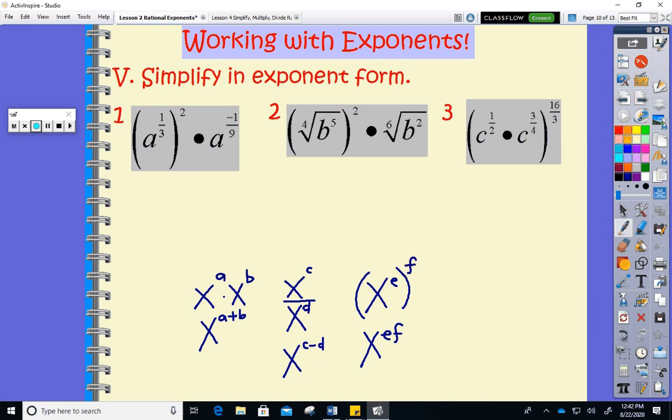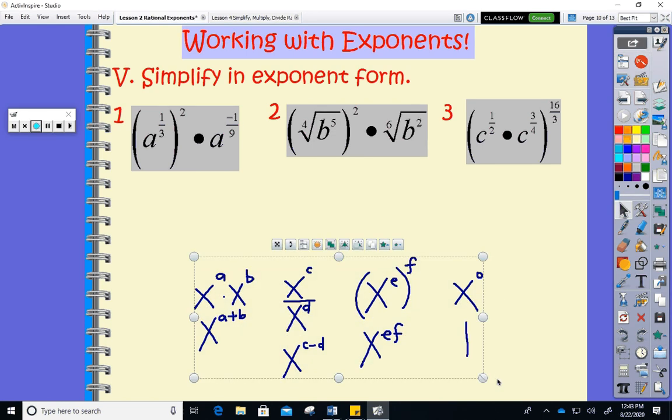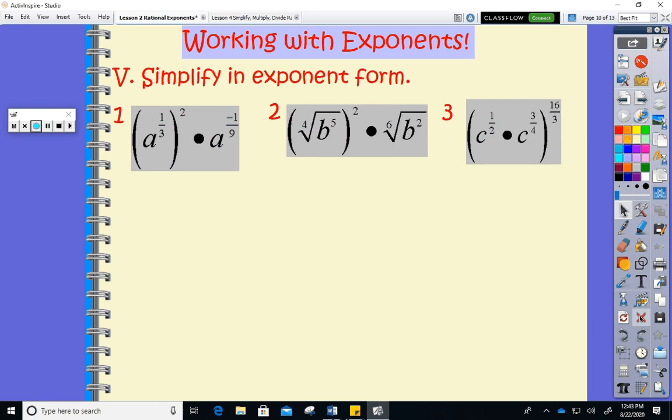We did those rules, plus the rules where you know that x to the 0 is 1. And we've already reviewed the rules with negative exponents earlier. So all these rules that we did yesterday with integers, we're going to do today, except we're going to have fractional exponents. So we've got quite a bit of fraction action coming our way.